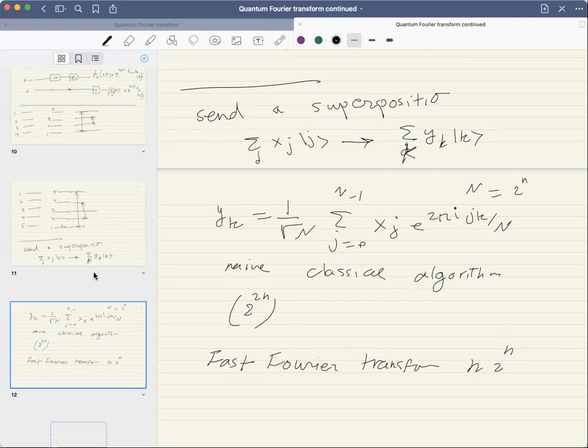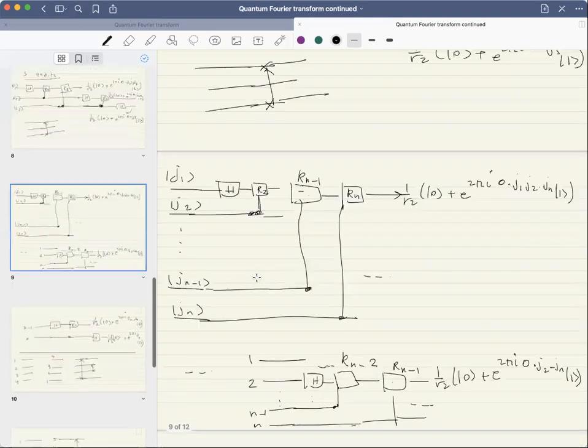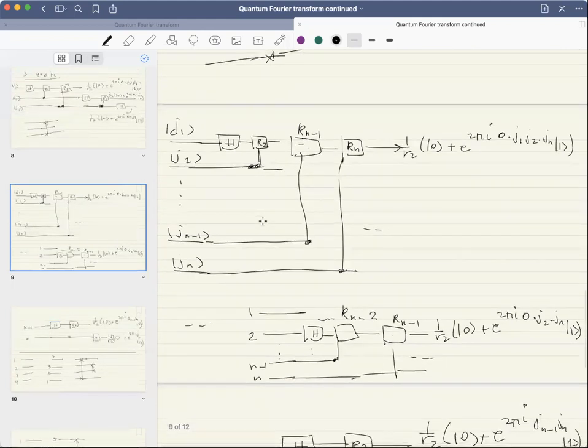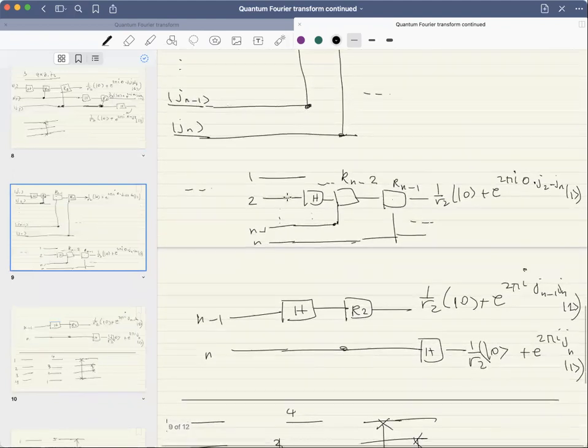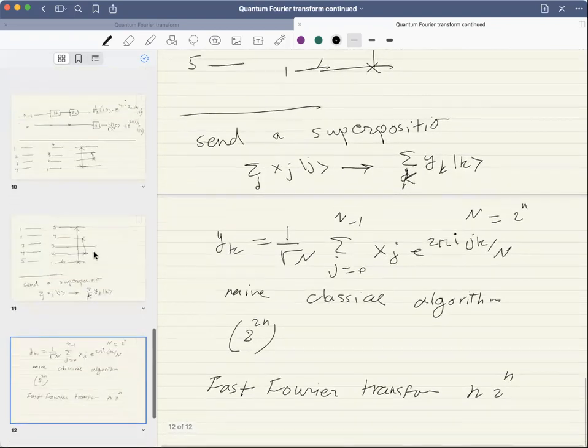Now let's think about our circuits. How many gates do we have here? Well, the first one has about n of them: there's a Hadamard, then R2 up to Rn. The second one is going to have n minus 1 gates. It has one less gate. The next one has n minus 2.